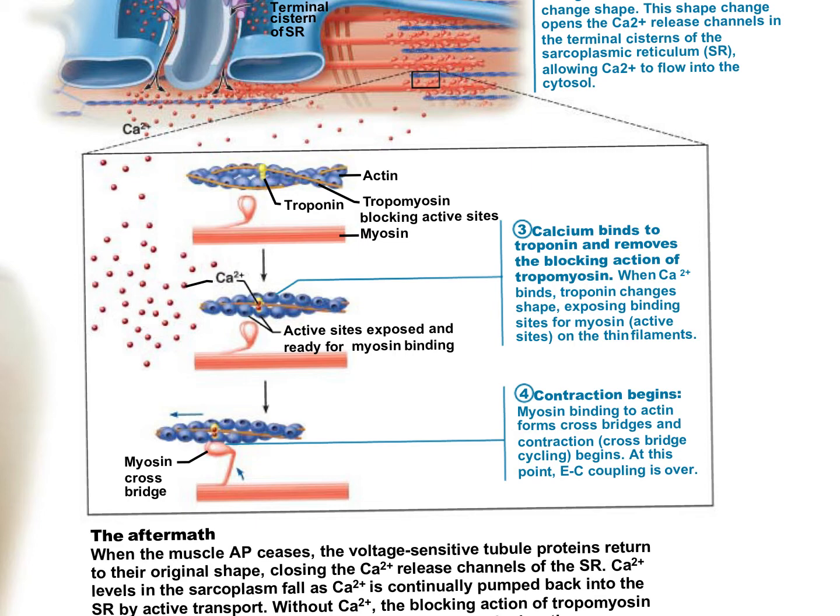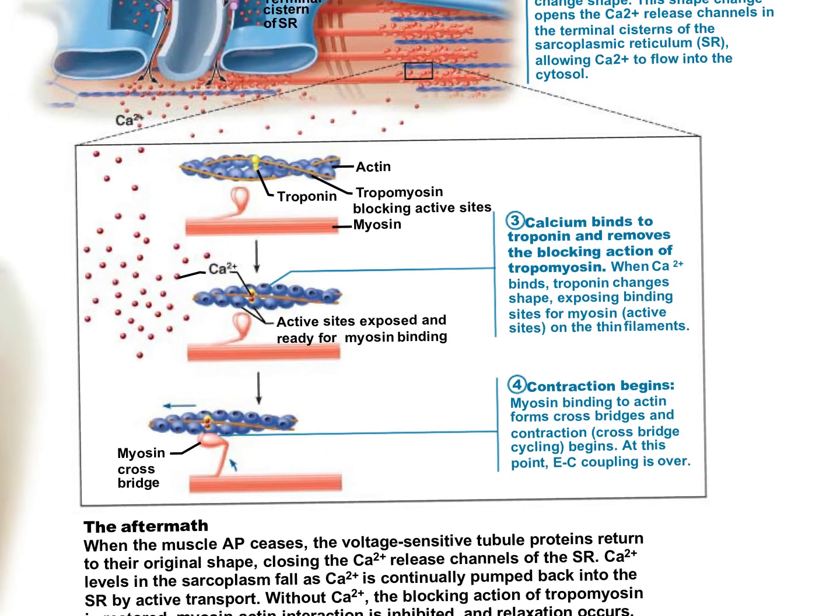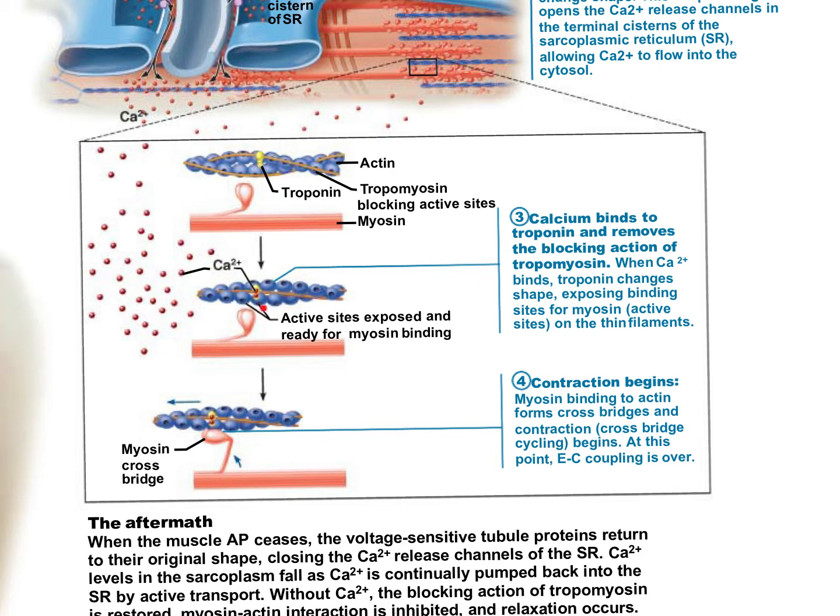So myosin can't bind at this point. But when there's enough calcium, it binds to troponin, troponin changes shape, and moves tropomyosin out of the way. Here, tropomyosin has been moved because calcium bound to troponin. Now it exposes all of these binding sites on actin, myosin binds actin, and then it bends. And that is the start of contraction.